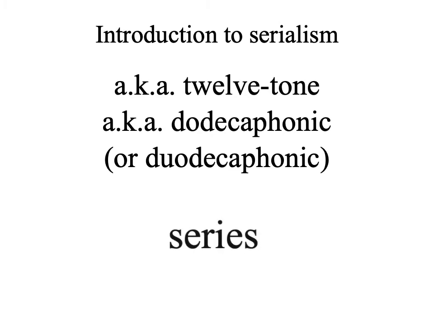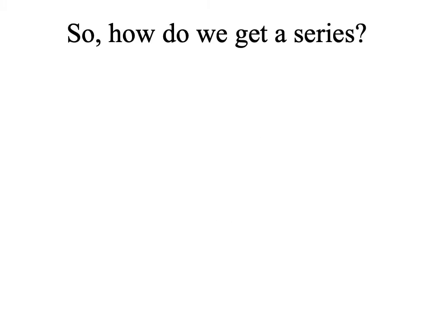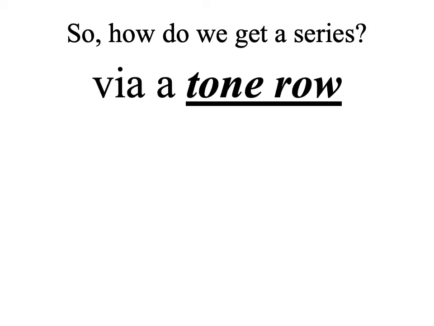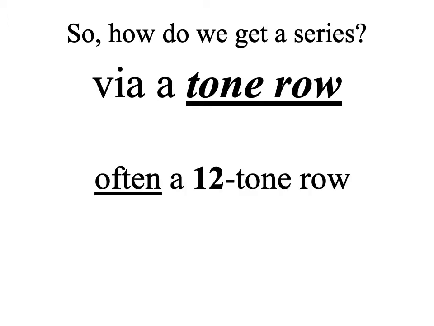So how does that work? Well, the way we get a series is often this. Composers do it by creating a series, or what's referred to as a tone row, which is a row of tones, a collection of notes that happen one after another. A lot of times it's a 12-tone row where all 12 chromatic pitches are there. As the system gets more refined, we're going to find there are going to be composers who realize they can work with a 7-note row or a 9-note row.